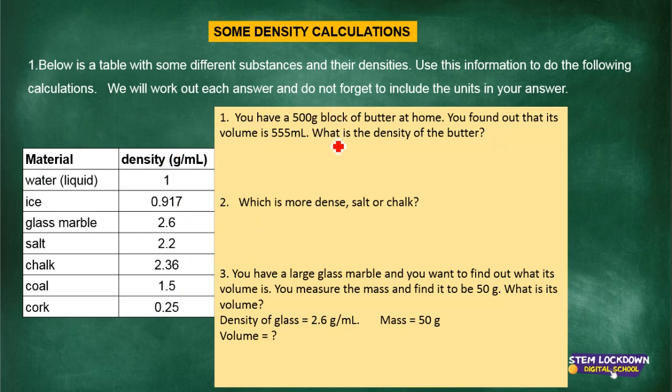Now I actually wanted you to do this. So if you had a 500 gram block of butter at home, and if you knew that the mass is 500 grams, and it has a volume of 555 milliliters, then you're going to ask yourself, what is the density of the butter?